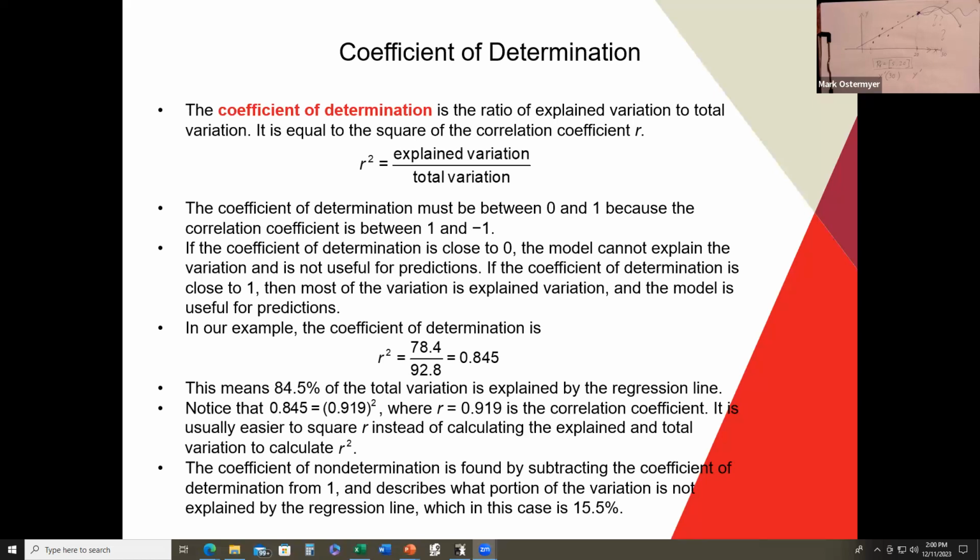Now remember, r ranges between 1 and -1, correct? So if you square a decimal between 1 and -1, it's going to become positive. And because of that, r squared is always a decimal that ranges between 0 and +1. This is what r ranges between. This is what r squared ranges between.